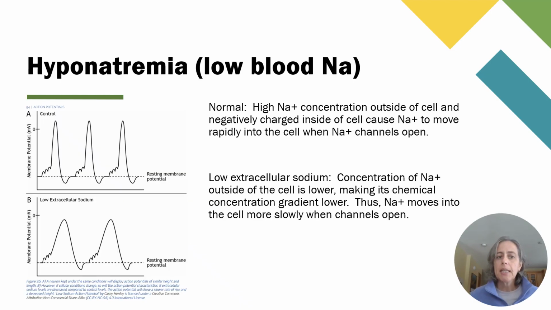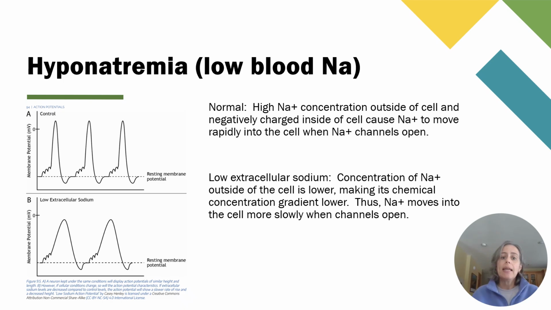The first example is hyponatremia. Hyponatremia means low blood sodium concentrations. Now what's normal, right, is that you have a really high concentration of sodium outside the cells, so usually about 145 millimoles per liter, right? And really low on the inside, I think it was like 15.